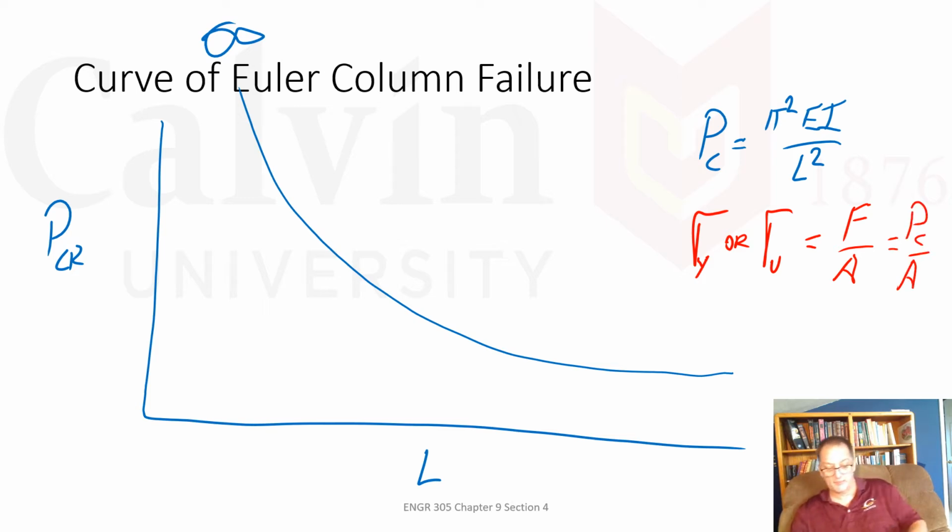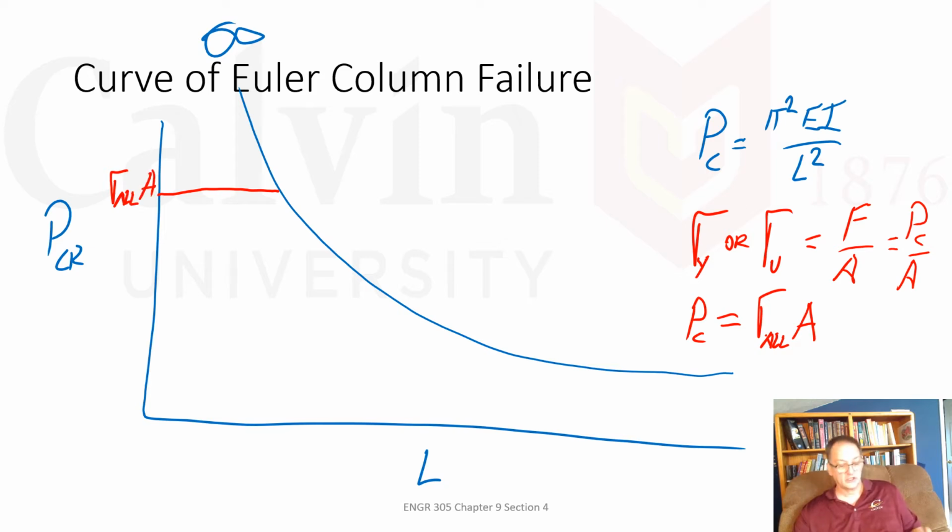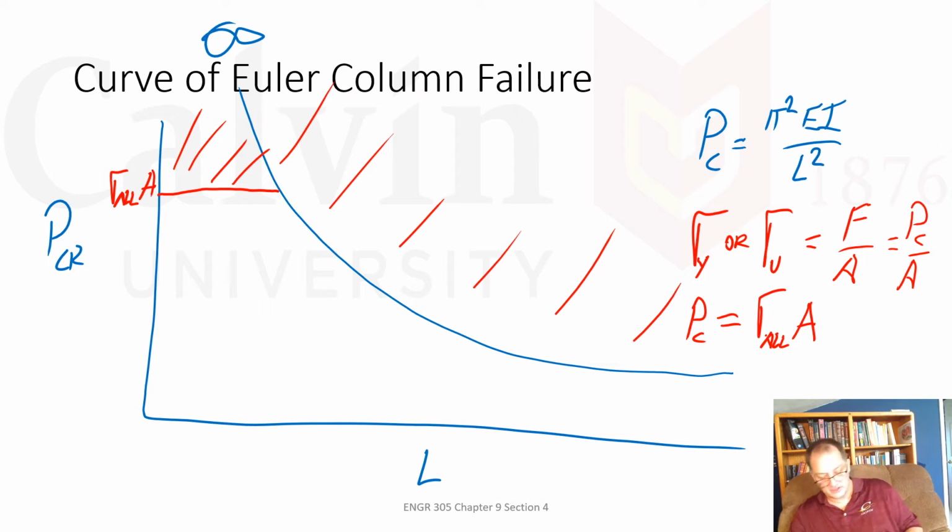So at some point, P critical is equal to sigma allowable times the area, and that's that line there. So this is not safe. This is bad, and this is bad. This is my good region down here. I want to know where.